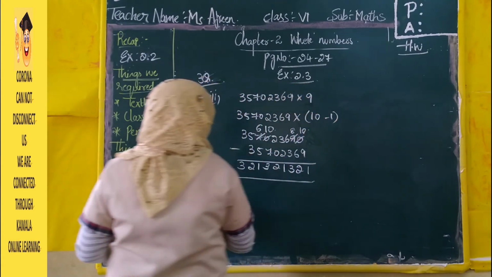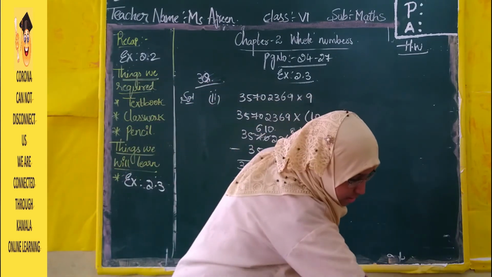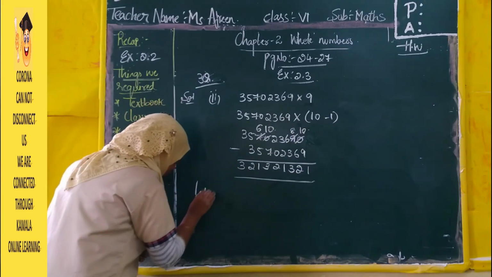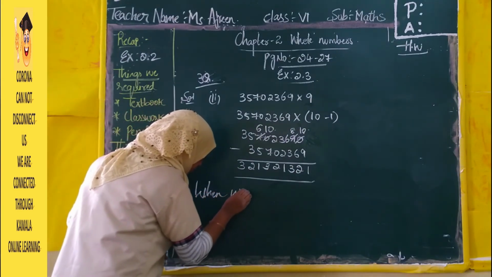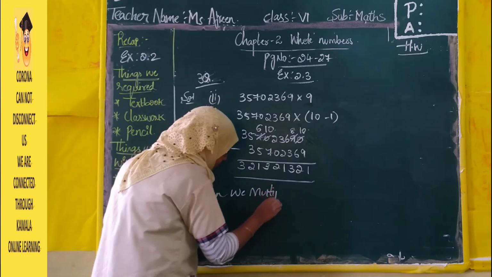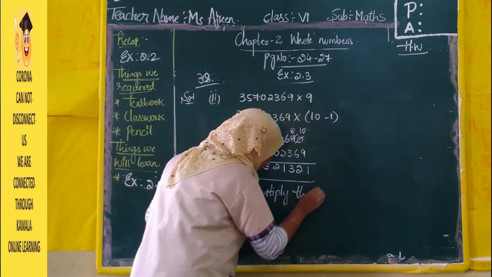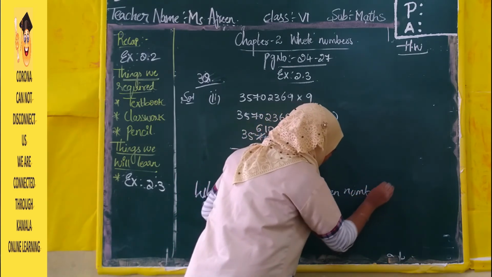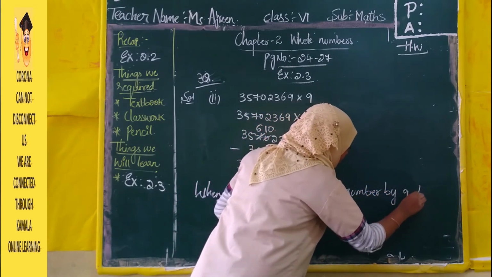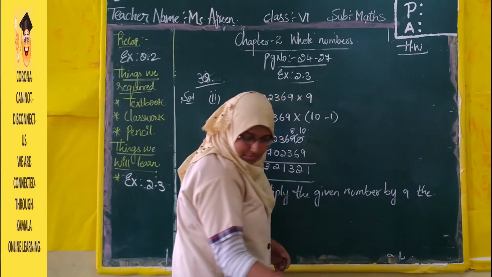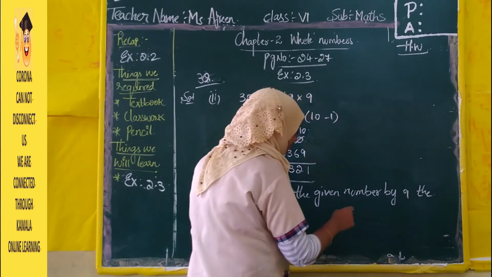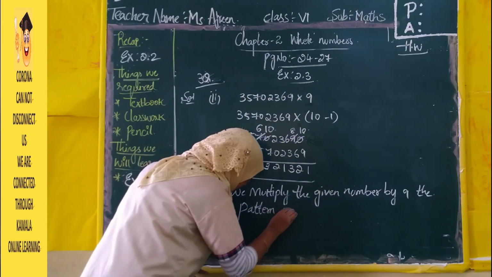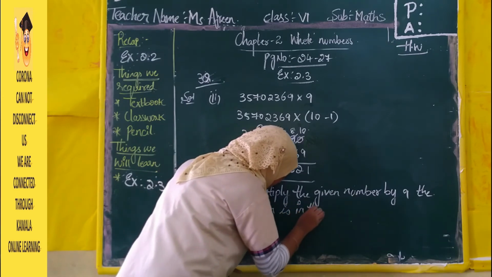So after writing this, when we multiply the given number by 9, the pattern is in this form.